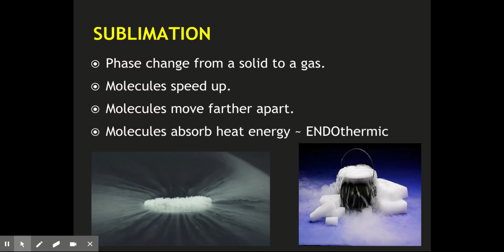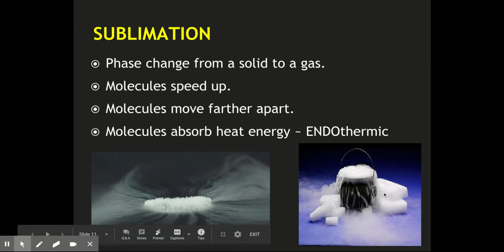So remember, it's endothermic. Okay? So an example of that would be dry ice. Okay? Dry ice, you have a block of solid ice that's frozen to a really, really low temperature. And you see the solid change directly to a gas.